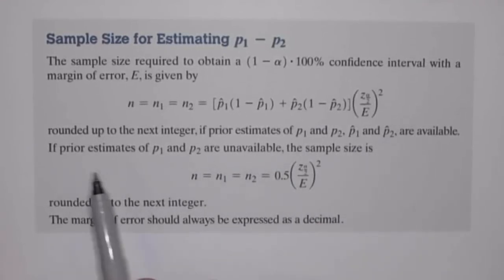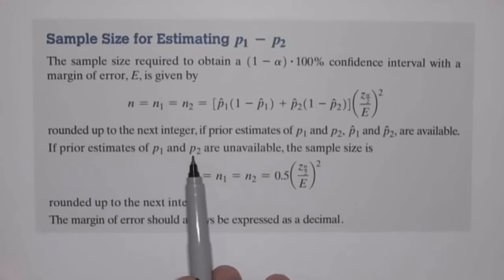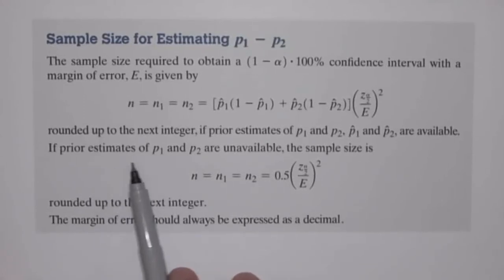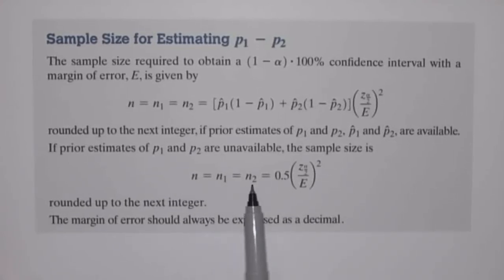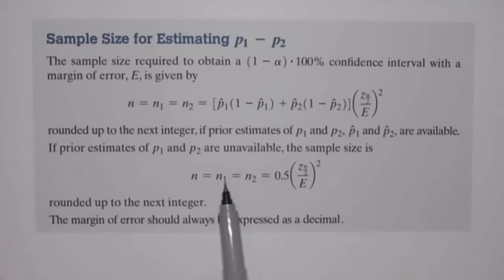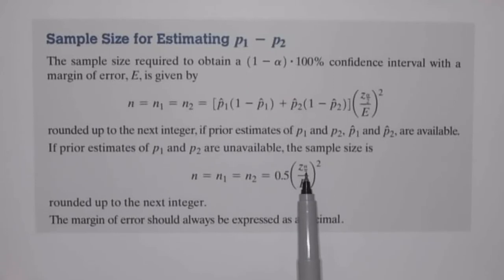Now, what if we do not have a prior estimate for p1 and p2? Well, if those prior estimates are unavailable, then we're going to use this formula. n equals n1 equals n2. Again, we're assuming n1 and n2 will have the same sample size when we're finished. That's what we're establishing. So we're going to call that n. And so that would equal 0.5 times z sub alpha over 2 divided by E quantity squared.